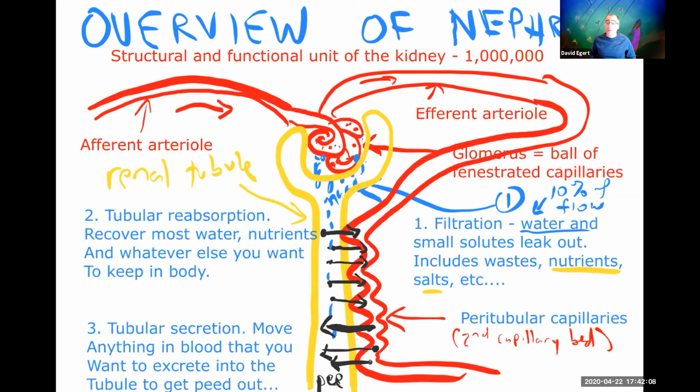So this is the big picture that we're going to look at in more detail, but I wanted you to just see this whole thing. Are there any questions about the big picture here?